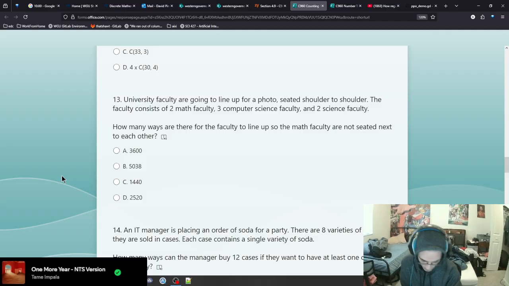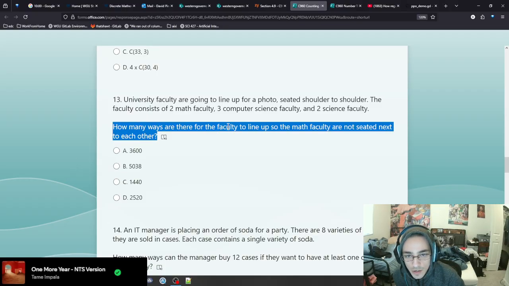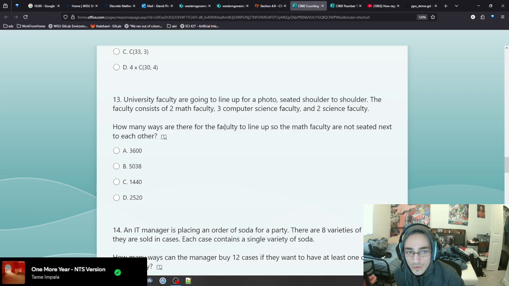I multiplied by 2, but that was a mistake, but now I see that. Okay, so there's 30 ways for them to... There's 30 math faculty permutations. Now let's just multiply by... what are we multiplying by?